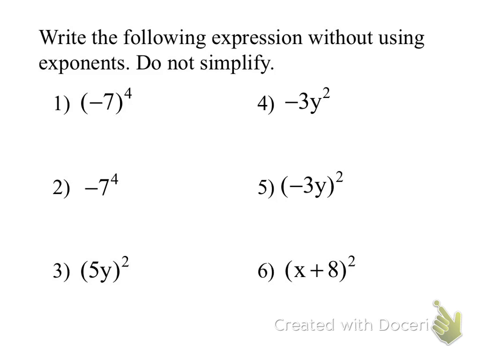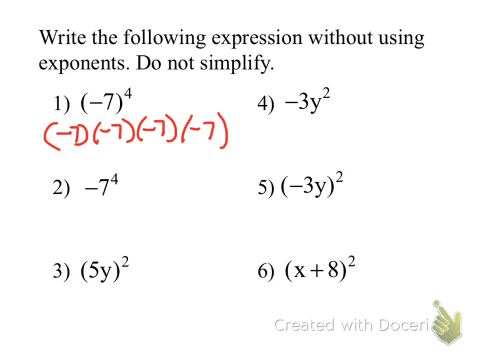That means everything in there is to the 4th power. So this really means -7 times -7 times -7 times -7. That exponent has to do with everything in that parenthesis because it touches the parenthesis.